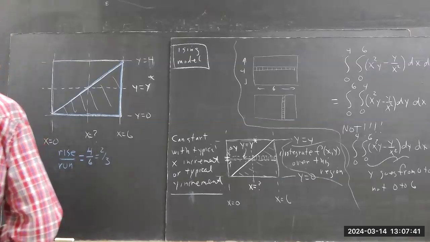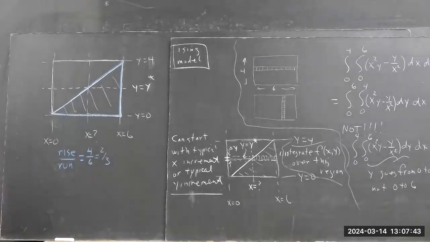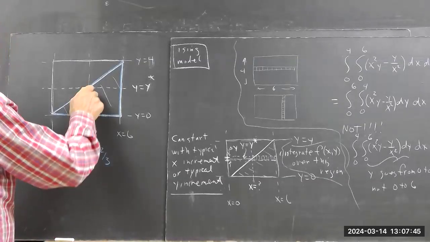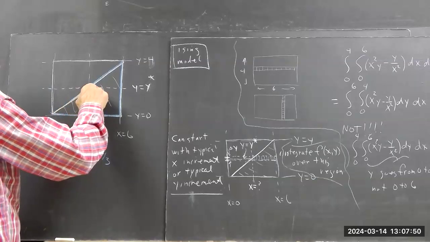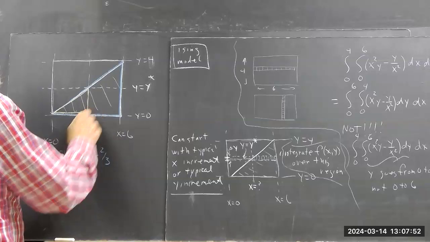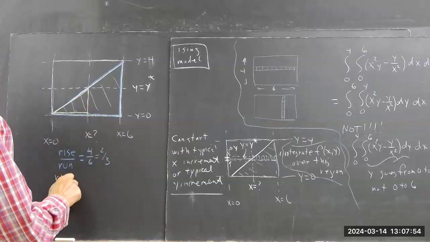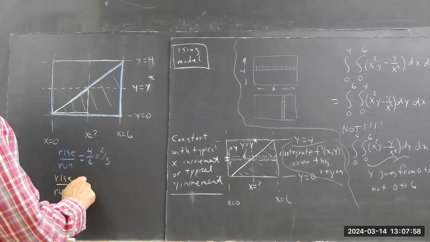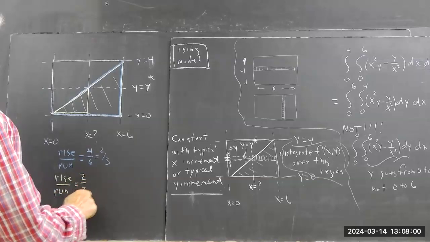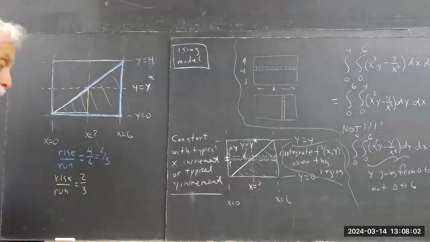Now for this triangle, rise over run has to equal 2/3.